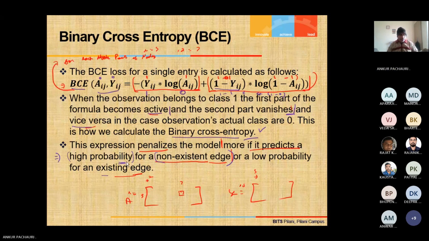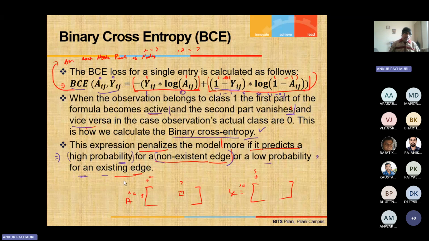Means 0 ko 1 kiya. Same, the error is also for a low probability for an existing edge. Means there was an edge in the actual graph, but it predicts that there is no edge. Means low probability for an existing edge, means 1 ko 0 karna.